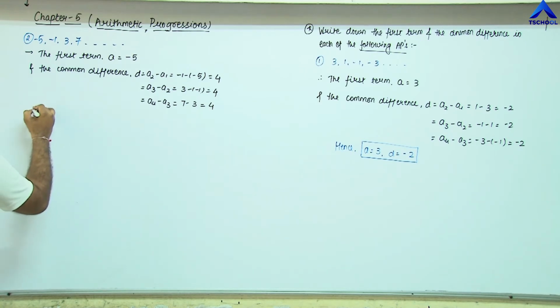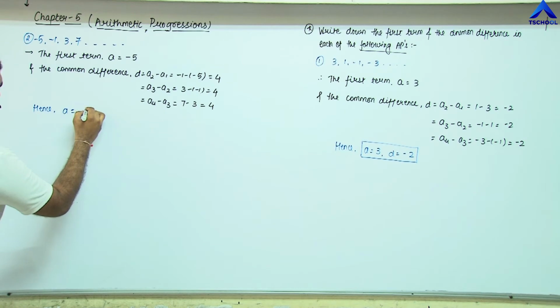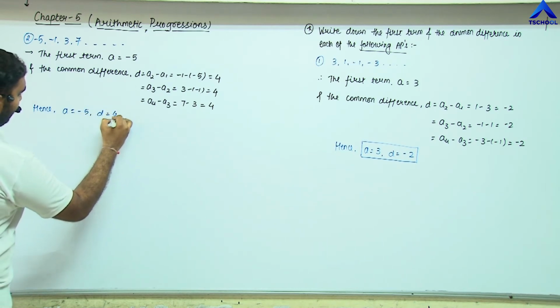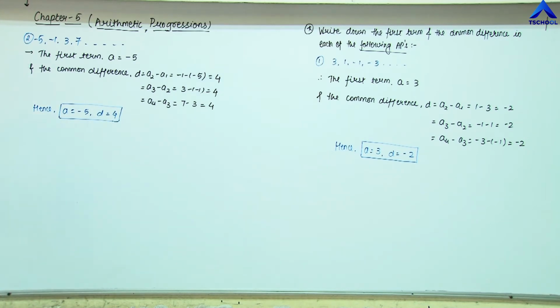So in this way you can get the common difference same. Hence the first term a is equals to minus 5 and the common difference d is equals to 4. So that is the first term and the common difference of the given arithmetic progression. Is it clear?